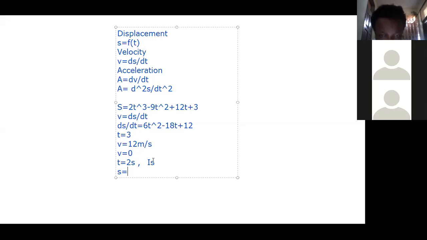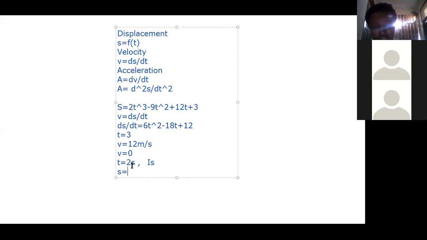Then we'll do that one for when t is equal to 1 second. What will be the distance, or what is the where? So we equate it to this. We are finding for s.